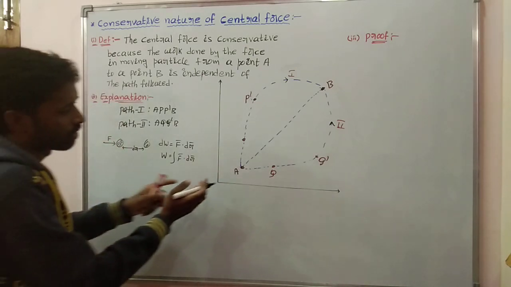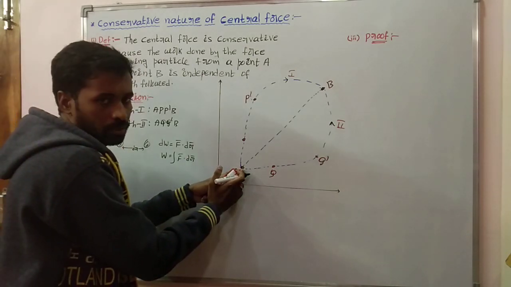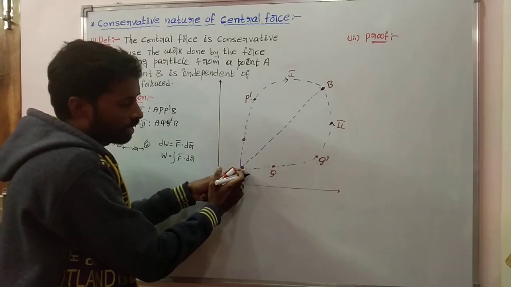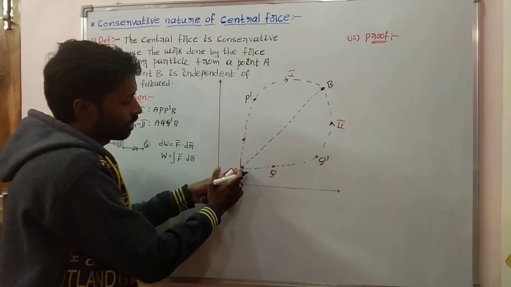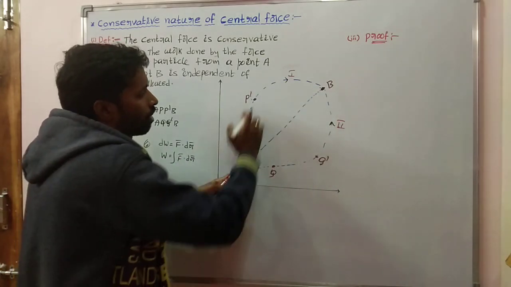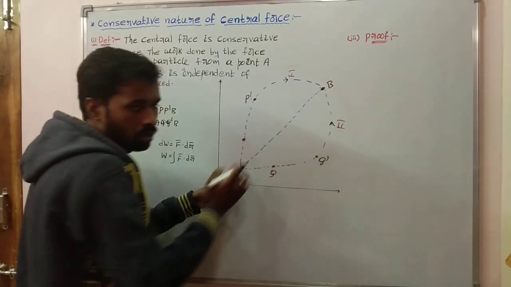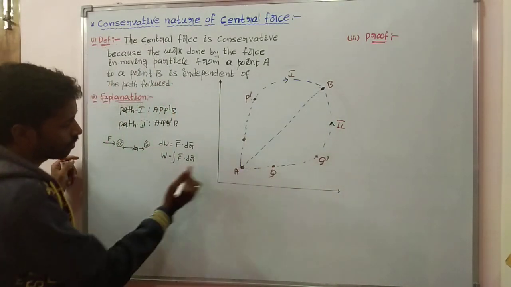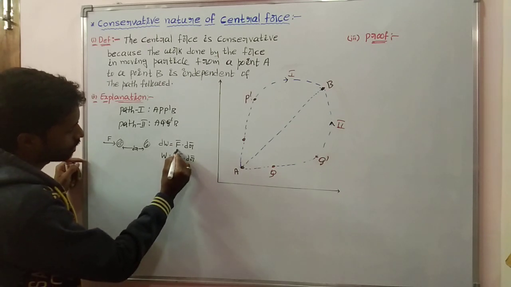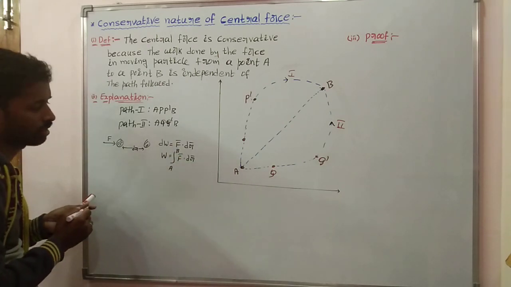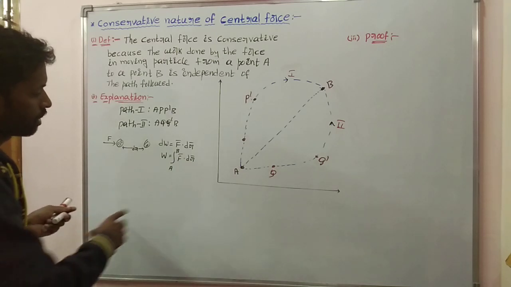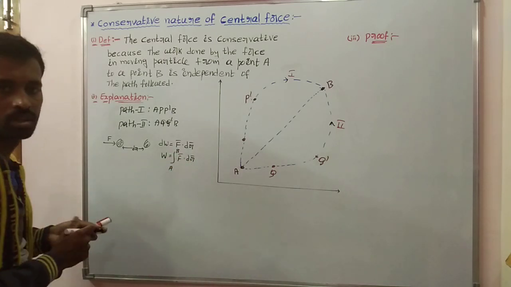At point A the particle is there. Now we apply an external force here. Then our particle moves from A to B along path 1 or along path 2. What is our lower limit? A. And what is our upper limit? B. Then the resultant work W equals integral A to B F bar dot dr bar.